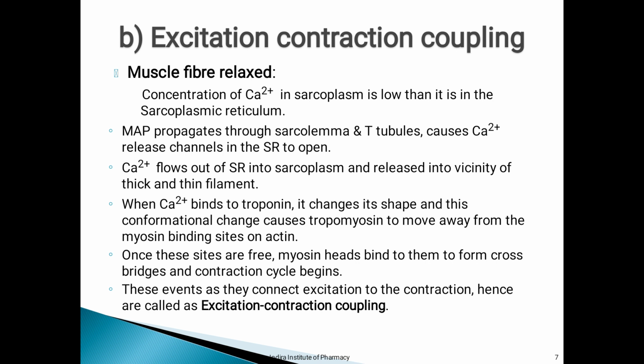So the next part of the sliding filament mechanism or sliding filament theory is excitation contraction coupling. When muscle fibers are relaxed, the concentration of calcium in the sarcoplasm is low, as it is stored in the sarcoplasmic reticulum.